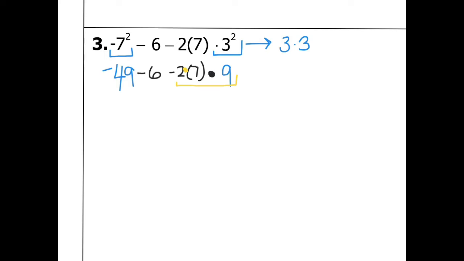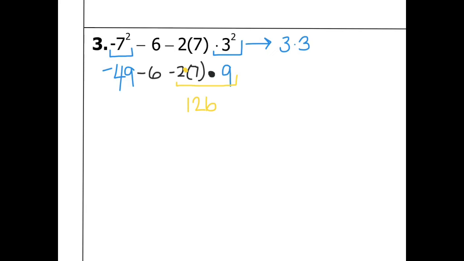So first, I've got 2 times 7, which I know is 14. And then after that, I have to take that 14 and multiply it by 9. So using my multiplication table, I see that 14 times 9 is 126.